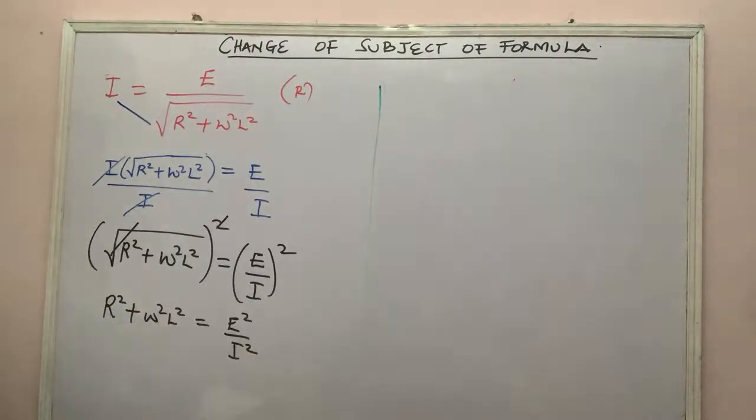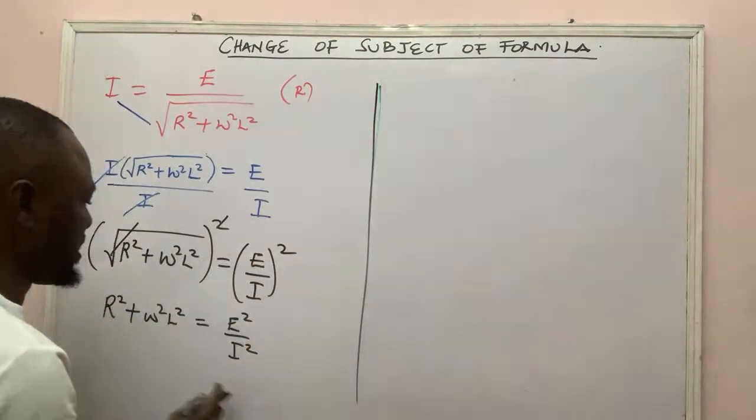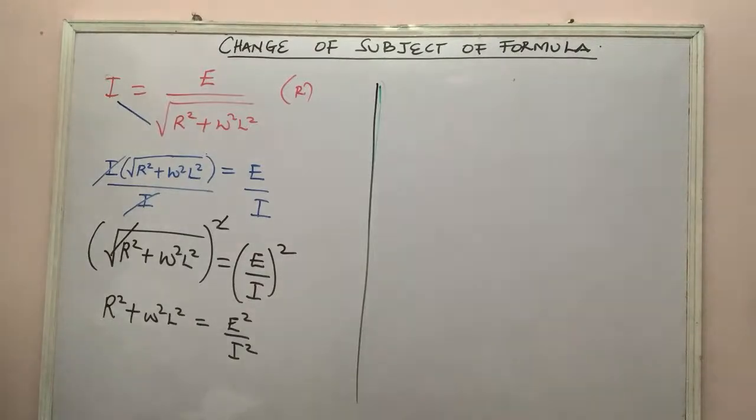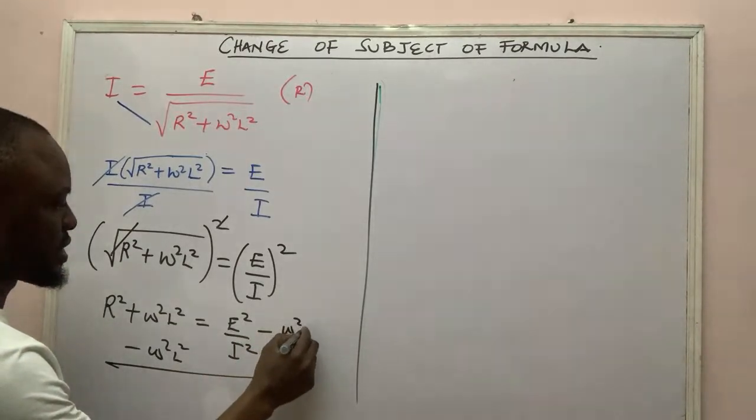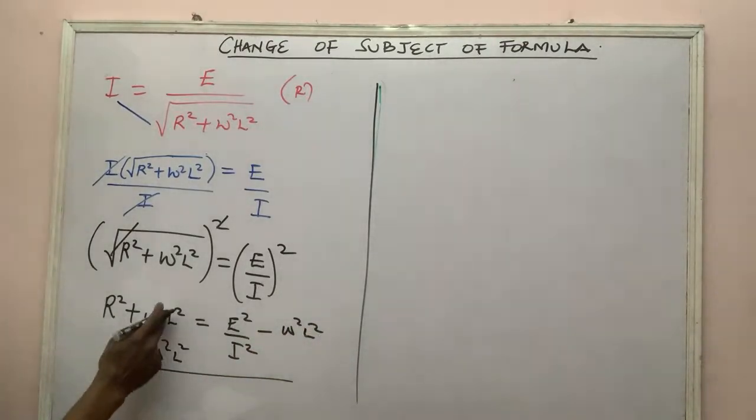Now the next thing I want to do is make r the subject. So I need to take this to the other side, or subtract this from both sides of the equation. If I subtract w squared L squared from both sides of the equation, this will be 0.